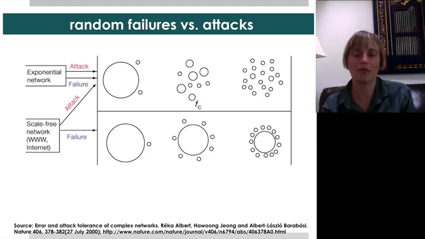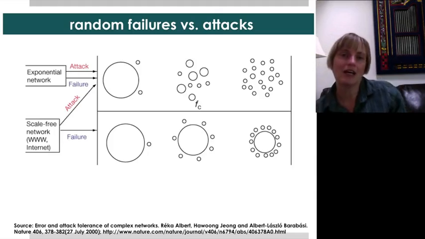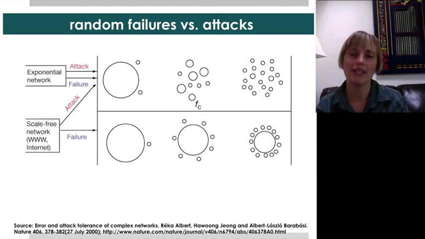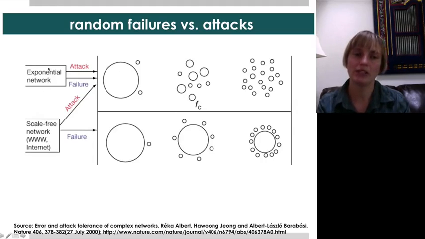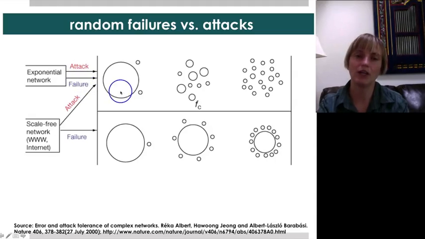And here is a diagram from a paper by Réka Albert, Hawoong Jeong, and Albert-László Barabási, where they studied exponential networks. So this could be the Erdős-Rényi random graph, or it could be a network that is grown randomly but without preferential attachment. And it doesn't matter if you attack with purpose or if it's just random failure, but what you see is that you start out with a giant component, and then at some point it's broken up significantly, and eventually you have mostly very small components, right?